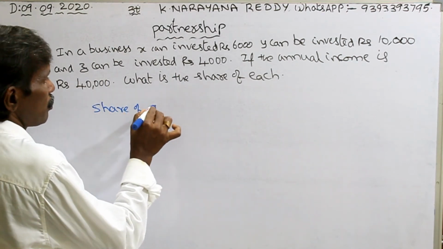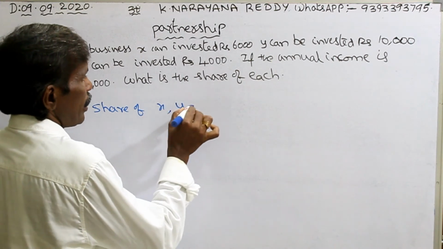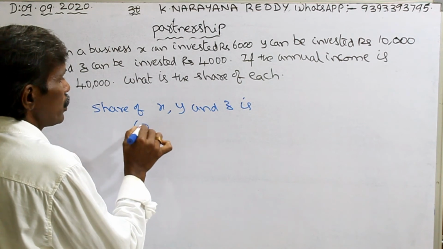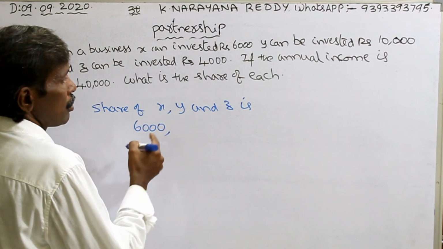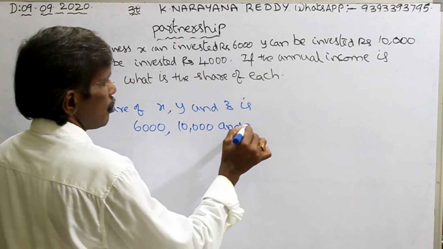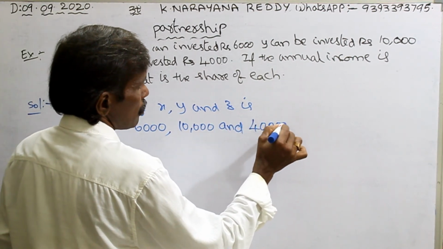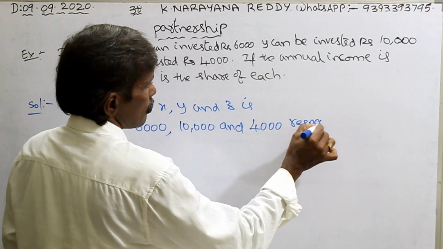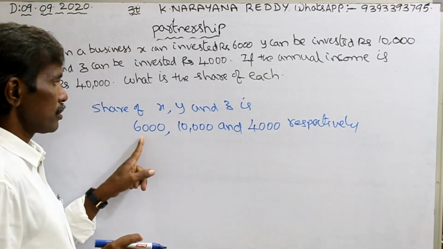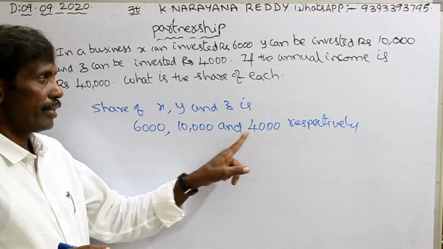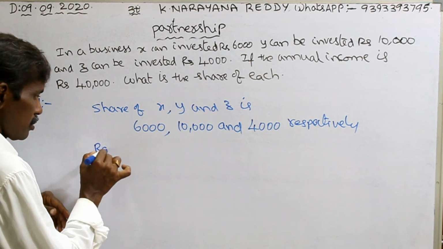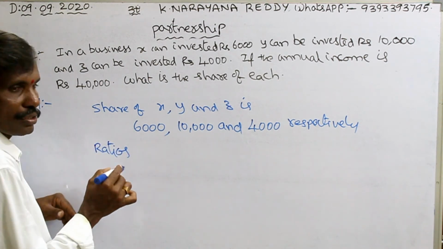So the investments of X, Y and Z are 6,000, 10,000 and 4,000 respectively. Okay, ratios, simple.